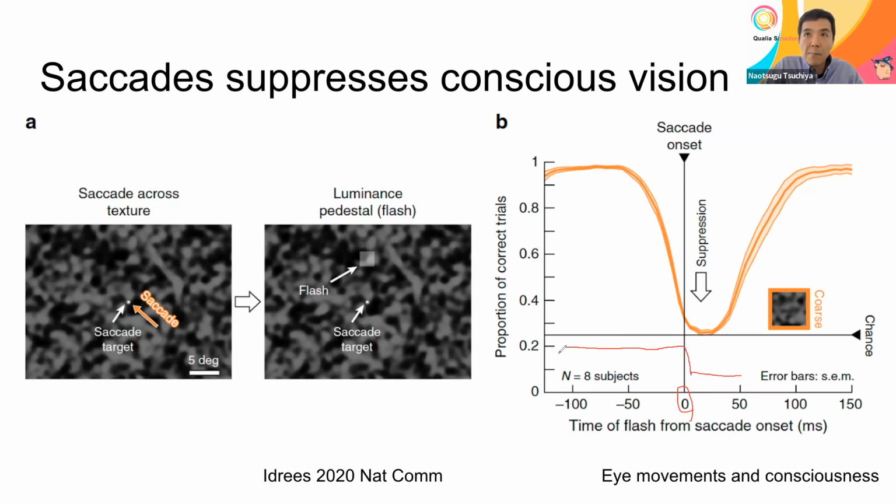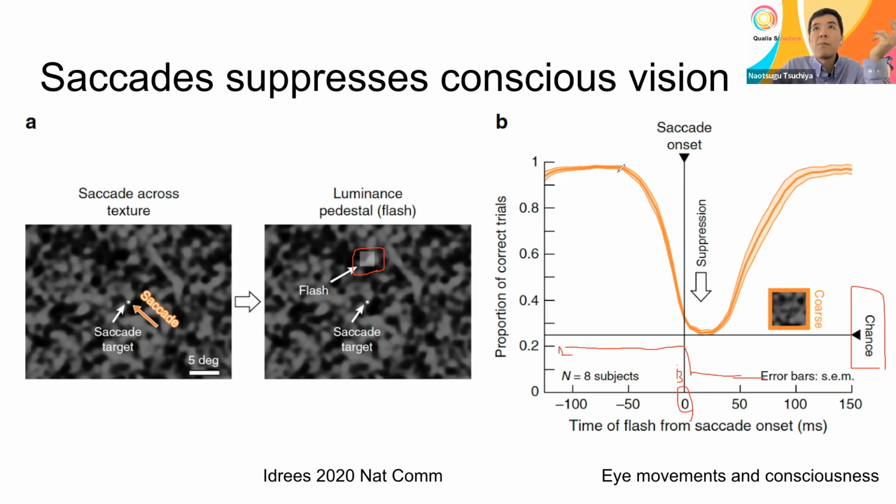Let's say this is position A, and this is position B. So 0 is the time when you start to move your eyes. Then the probability that you see this white square goes quite low, and chance performance is here. So it's basically undetectable, depending also on the contrast and luminance of these things.